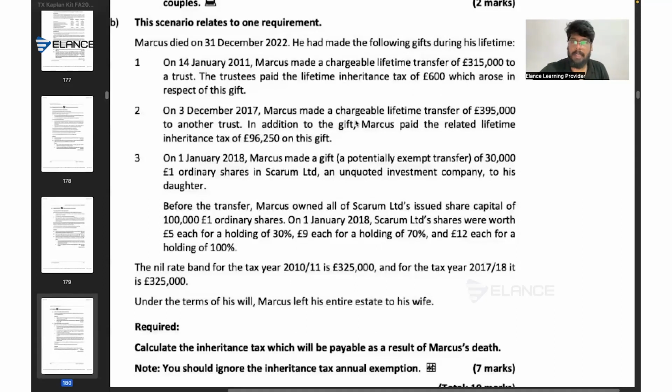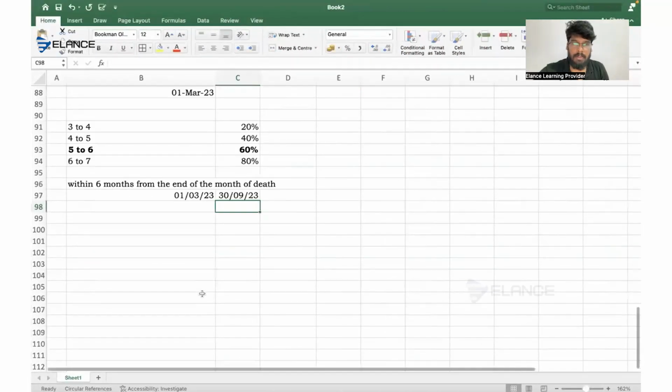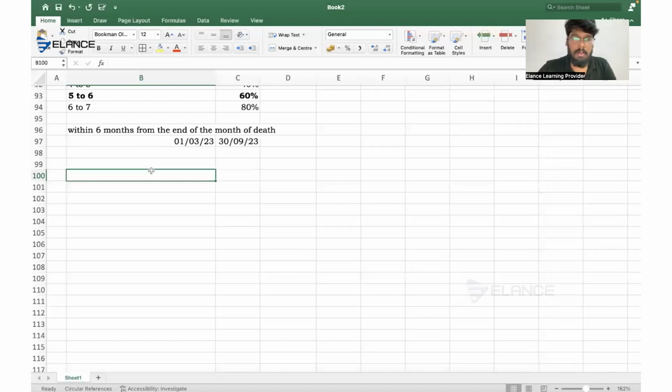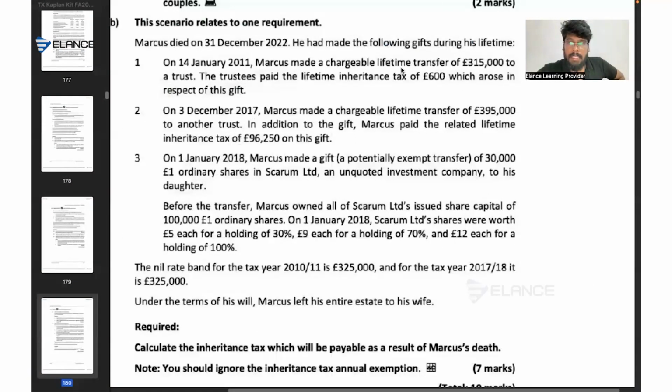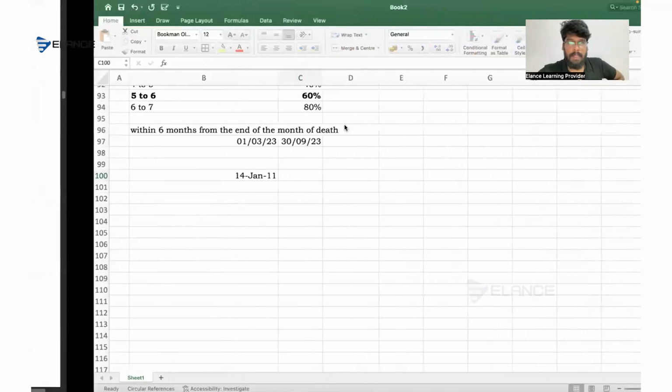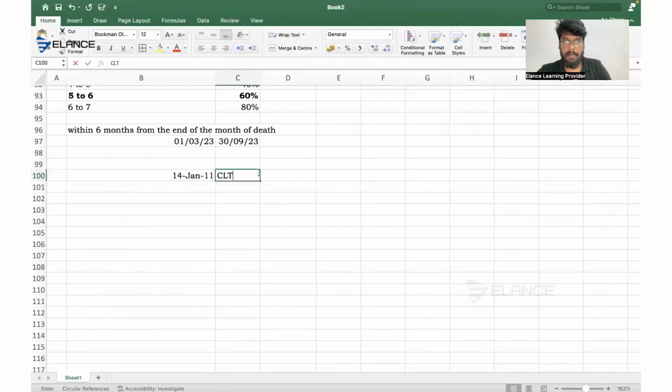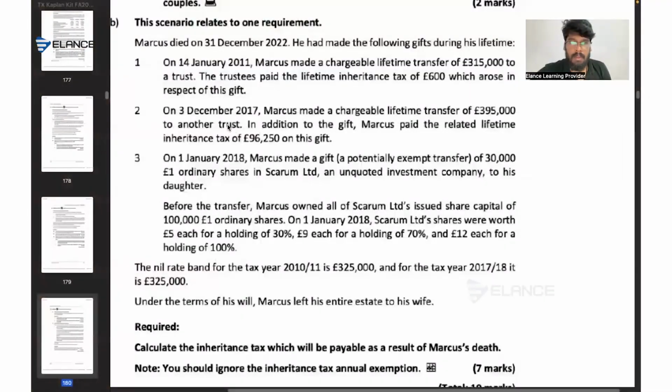He made the following gifts during his lifetime. The first transfer was made on 14th January 2011. Marcus made a CLT, a chargeable lifetime transfer of 315,000, to a trust.